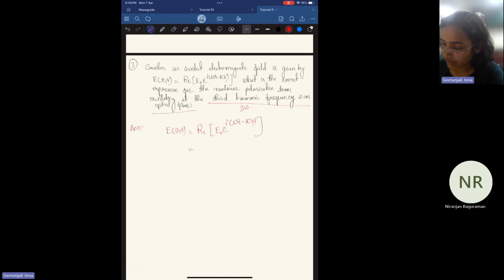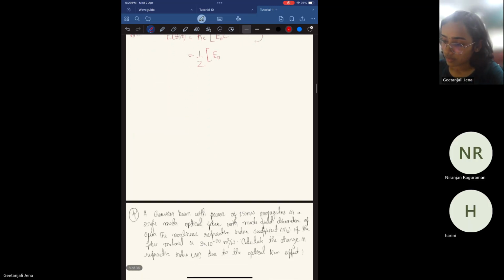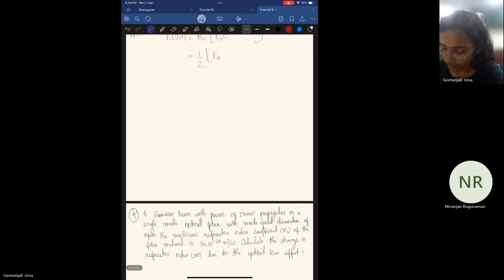As we have seen before, this is nothing but E0 e to the power i(omega t minus kz) plus E0 star e to the power minus i(omega t minus kz). This we have already seen in the first question.